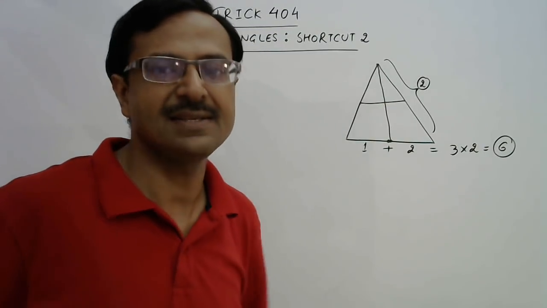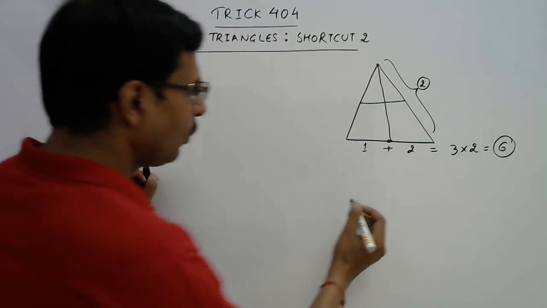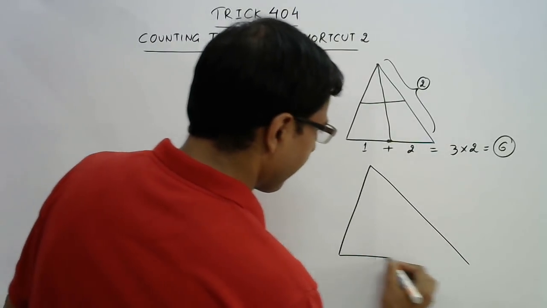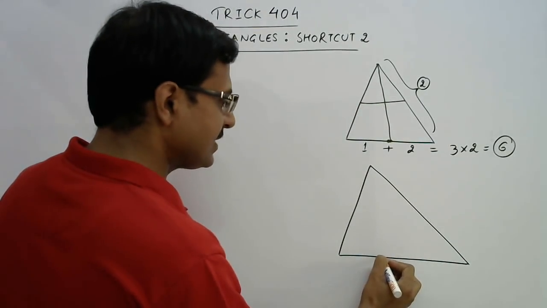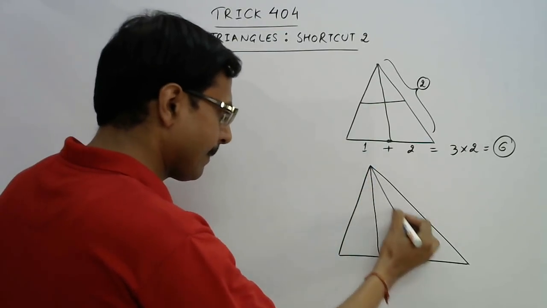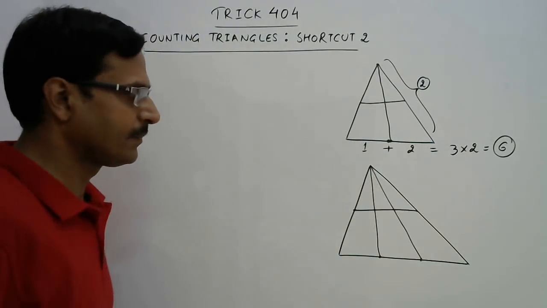Now let us generalize this and make it a little bit more complicated. What happens when we have a triangle in which the base is divided into 3 parts using these lines, and there is a parallel line like this.